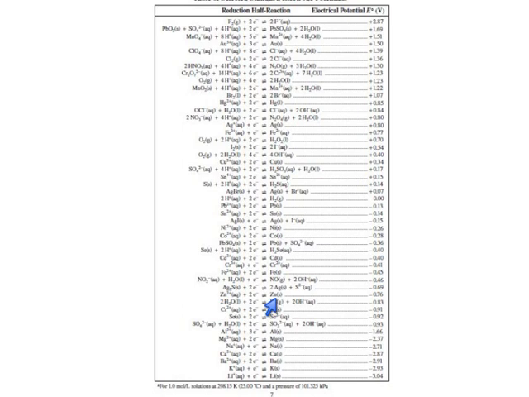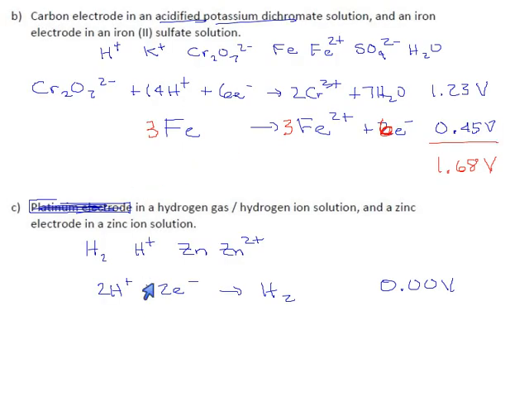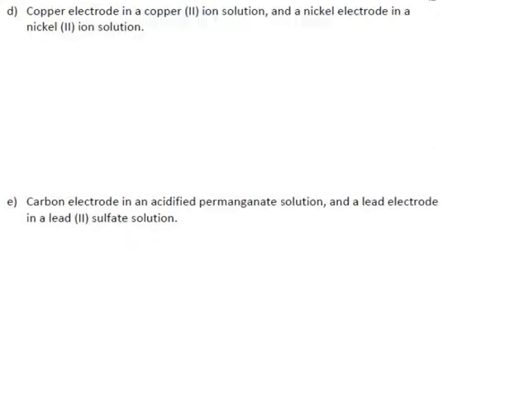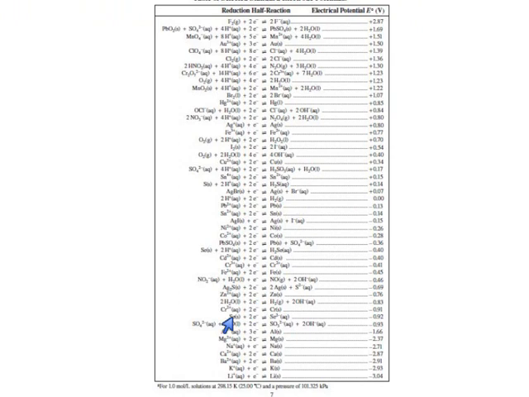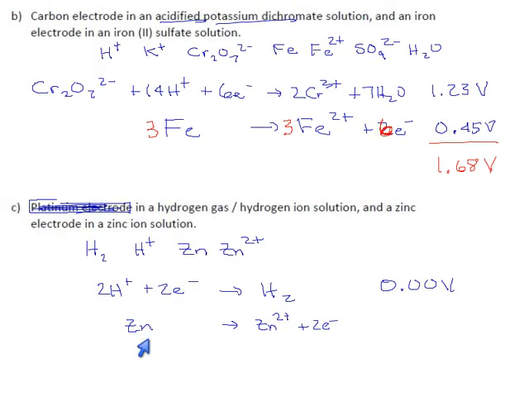Zinc is our strongest reducing agent, so for this reaction we get zinc metal, it turns into zinc 2 and 2 electrons, and the way they write it is zinc 2 turning into zinc, and that's minus 0.76 volts. But ours is going the other way. We're writing this reaction flipped, which means we get a flipped voltage, positive 0.76 volts.